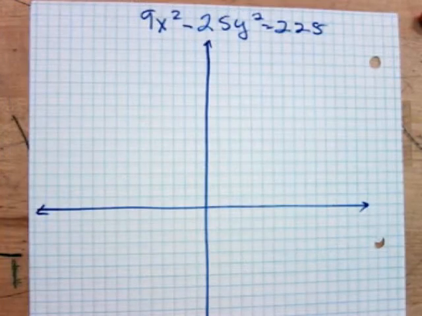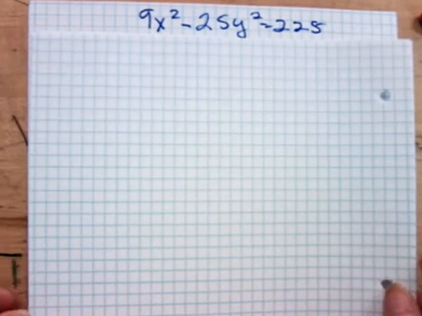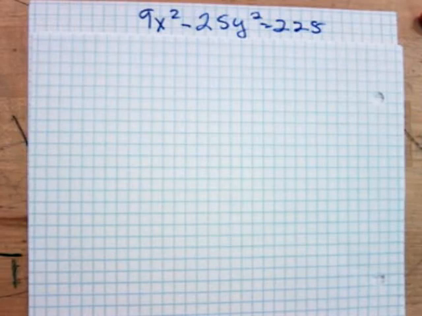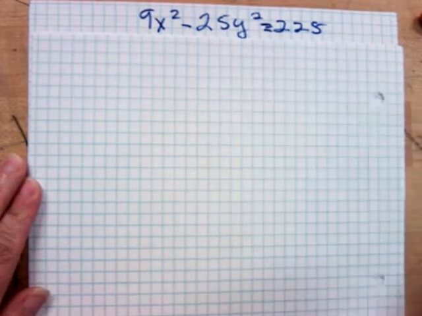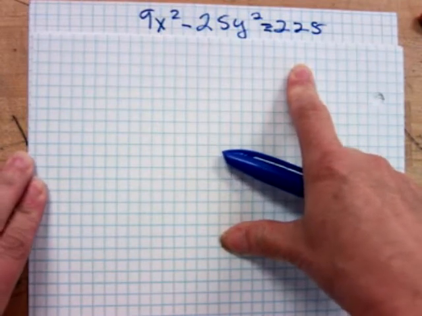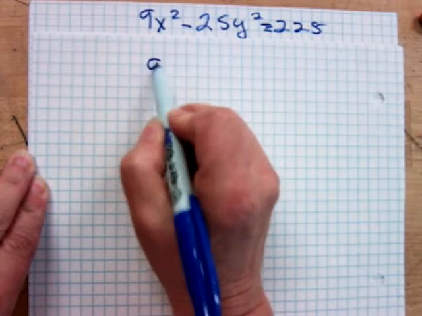So now we want to graph a hyperbola, and here's the equation we want to graph: 9x squared minus 25y squared equals 225. First thing we need to do is transform it into standard format, and we do that by making sure we have 1 on the right side of the equal sign, dividing by 225.